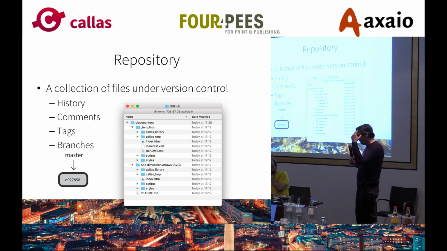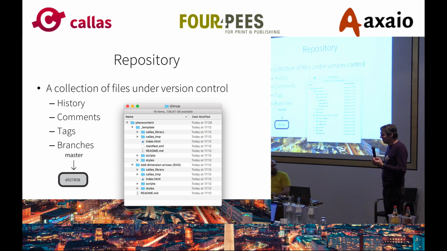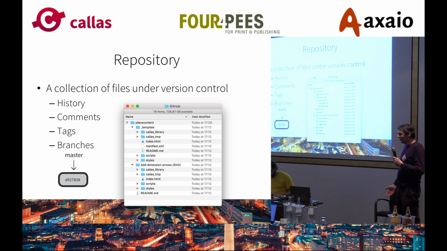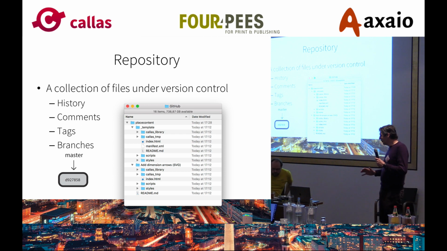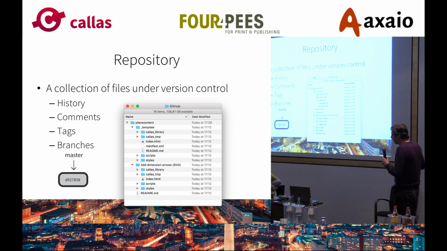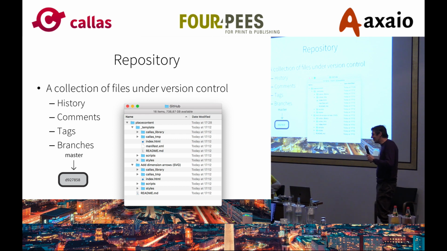So each file in a repository has a history, and the most important feature of Git is to be a store that lets you maintain the history of changes in files. So that's the most important feature, I think, of all of these source code configuration tools.